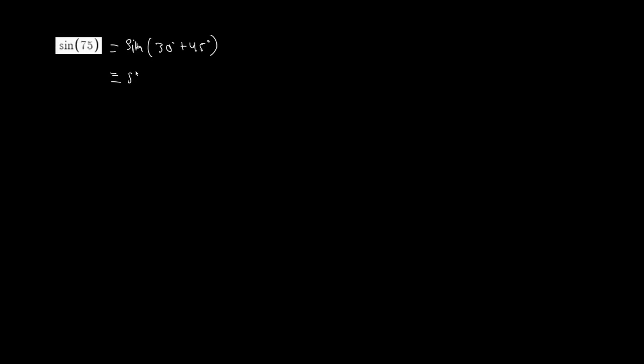So since, again, the given is sine, I'm going to use the formula, which is sine A times cosine B plus cosine A times sine B. So your A is again on the left side. So this would be sine 30 degrees times cosine B, which is cosine 45 degrees, on the right part, plus cosine A, the left part, cosine 30 degrees, times sine B, which is sine 45 degrees.